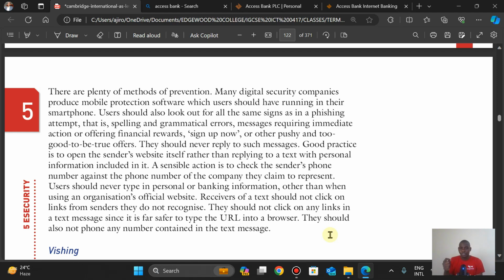Receiver of a text should not click on links from sender they do not recognize. They should not click on any link in a text message since it is safer to type the URL into a browser. Okay? They should not phone any number contained in the text message. Don't phone. Don't make any call. Okay? Please.